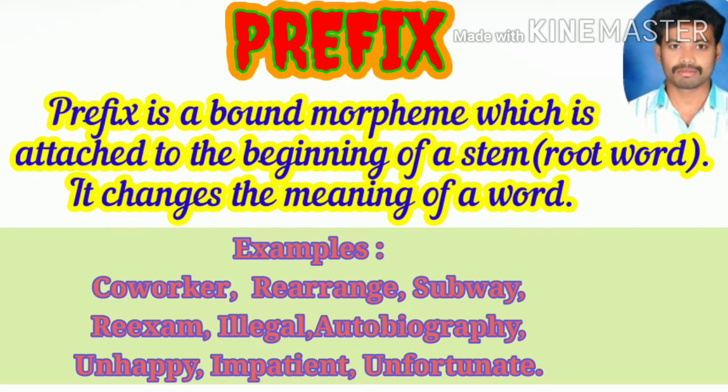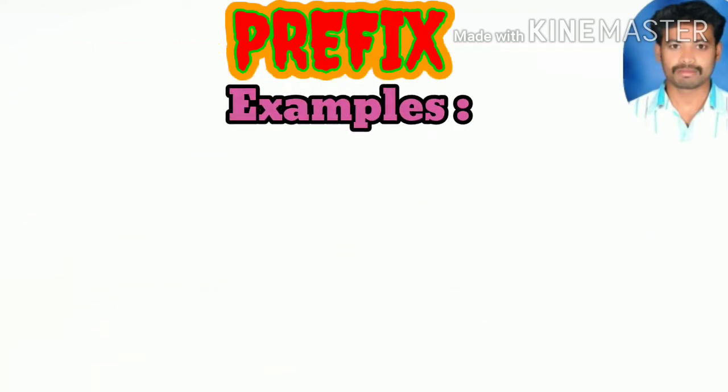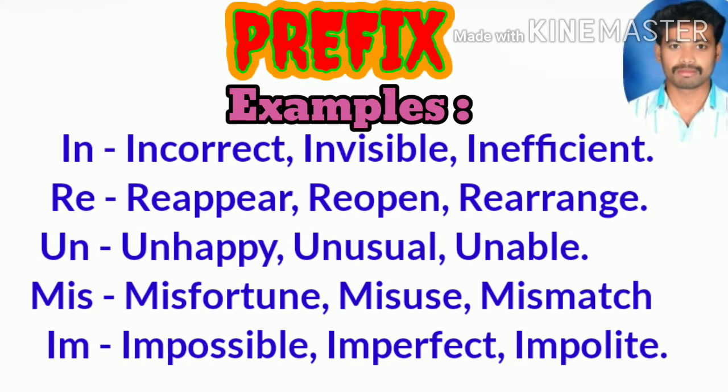Yes, then we are going to see some examples for prefix. In these examples I am going to give 3 examples for each one. So here the first one, in. Look at that. Incorrect, invisible, inefficient. Then re: reappear, reopen, rearrange.